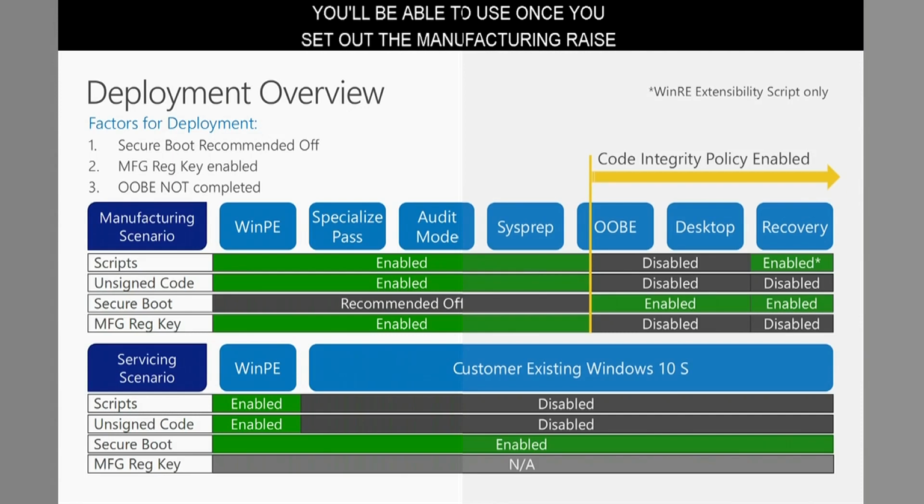Because this is pre-OOBE, before OOBE, it works. Once we go into OOBE, the code integrity policy is enabled. CI policy protects the system by checking that the code has the right signature: WHQL, IHV, Windows signed, or Store signed. Only these four signatures work on a Windows 10 system.